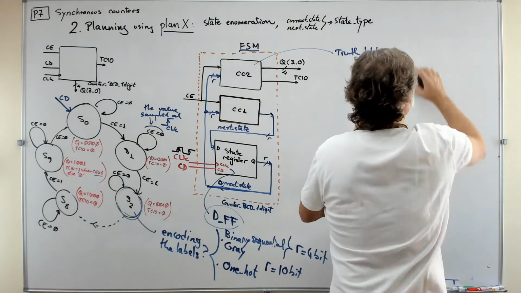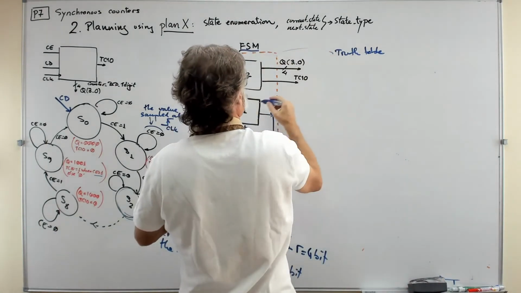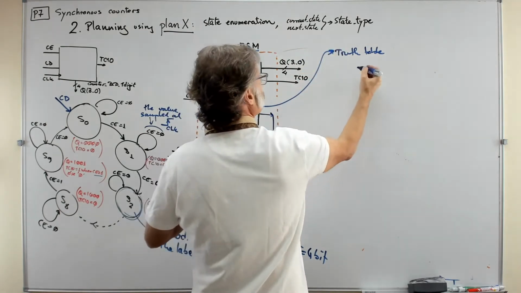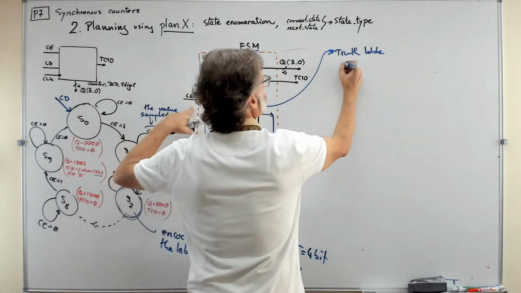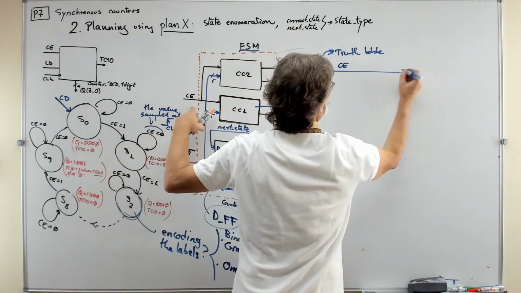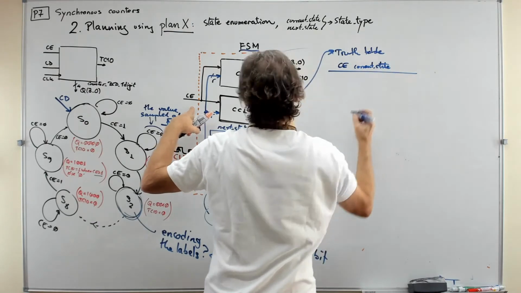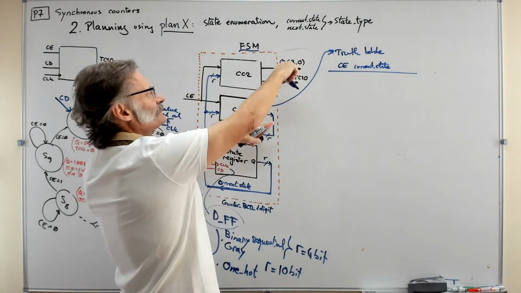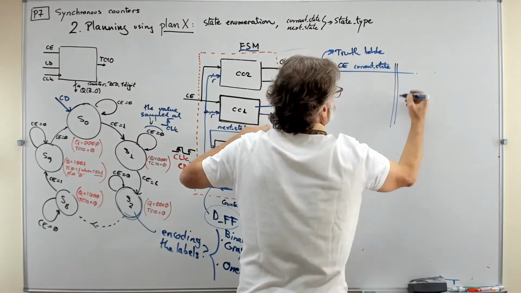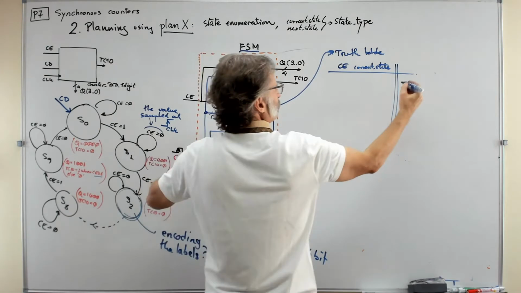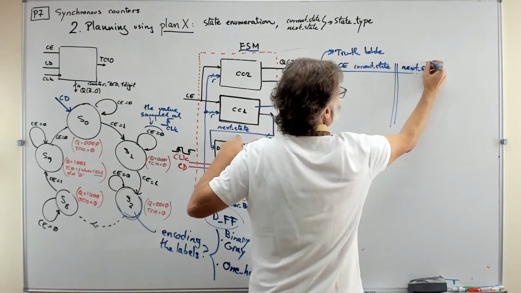So now, what is next is the implementation of the CC1 table, with the same kind of inputs that we had before, count enable and current state, but now the output is not the 5 values that you will see, but an internal wire that is called next state to go.